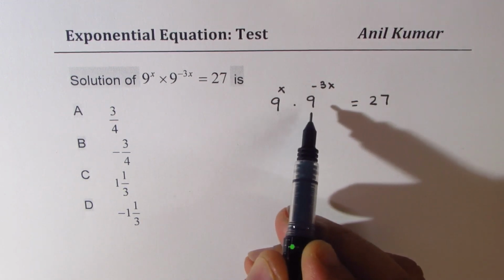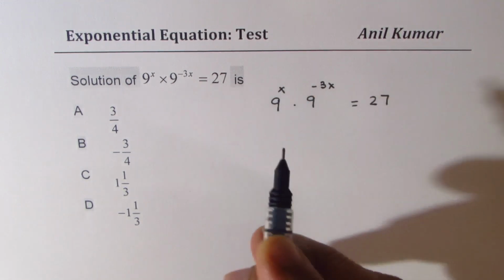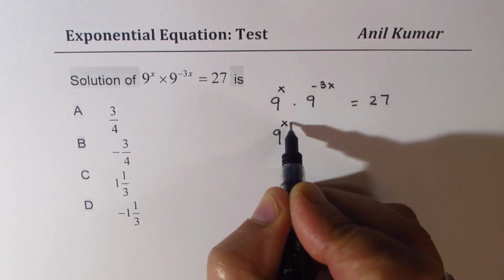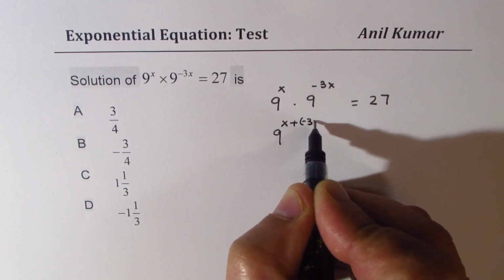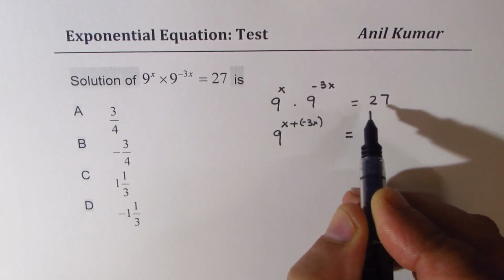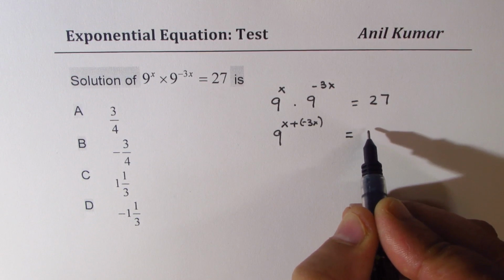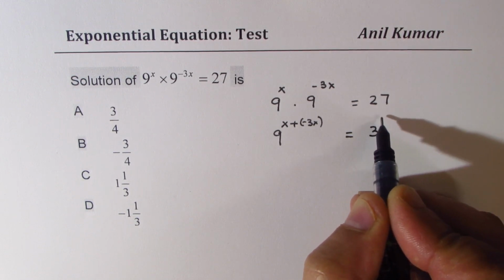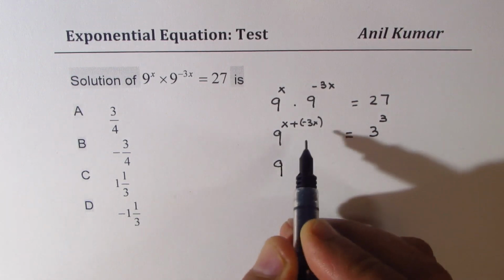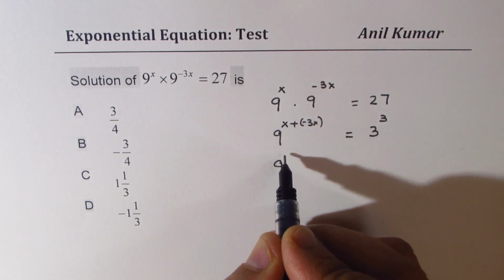Now, applying the laws of exponents, we need to add these exponents. So we get 9 to the power of x plus minus 3x, add them, equal to 27, which could be written as 3 cubed. Now this gives you 9 to the power of minus 2x, right?